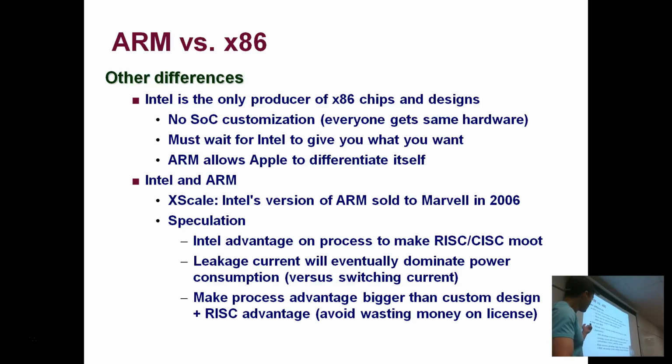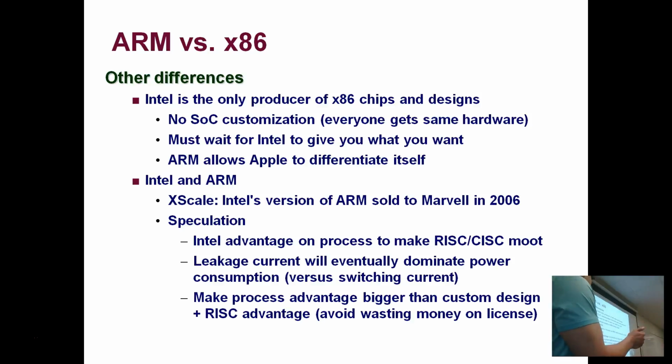Okay. At the time, the speculation about why Intel abandoned ARM was that they believed their process advantage, since Intel has always been first to the new process, would eventually outweigh the power loss, the fact that they're power hungry. If they could always be a couple of generations ahead in the fabrication process, they could eventually catch up on power, because the smaller your transistors, the less power you consume.